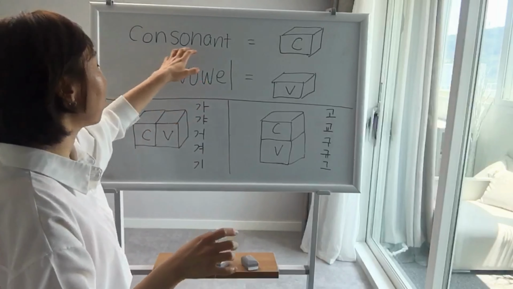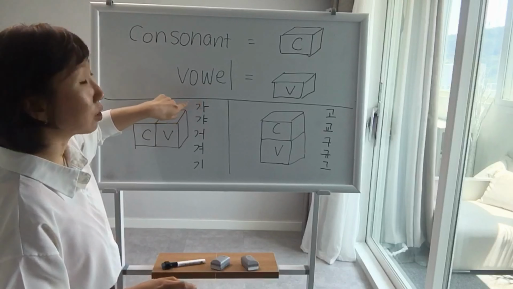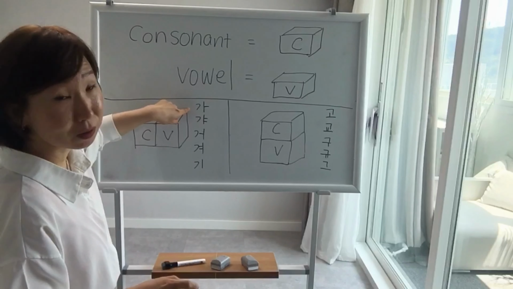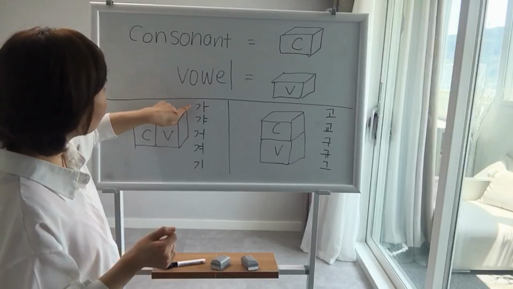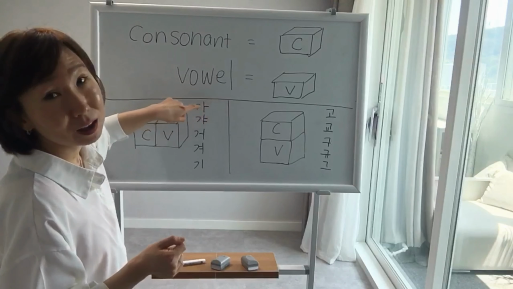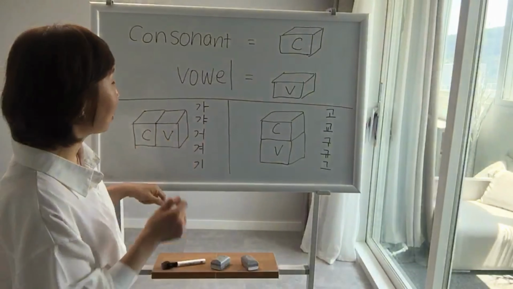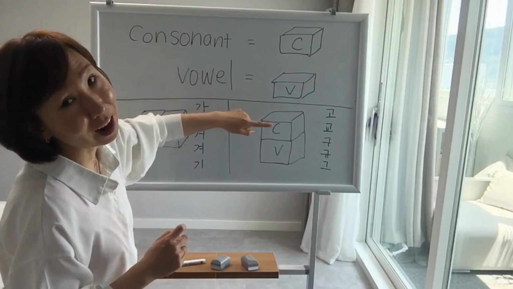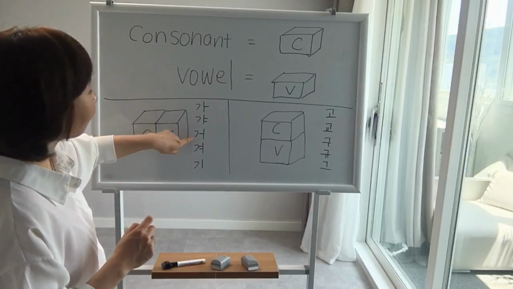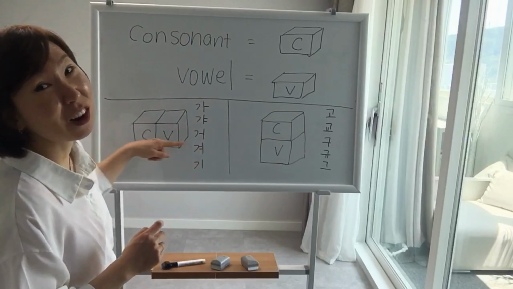So for example, if it's this one that looks like a gun, this is the G sound, right? And then this is towards the right, so it's A. So G-A. So it's Ga. And then this is G and then Ya, right? G-Ya, Kya. This is G-O, Go.